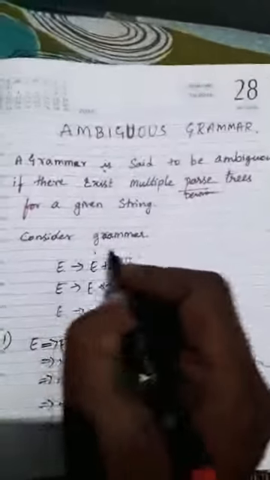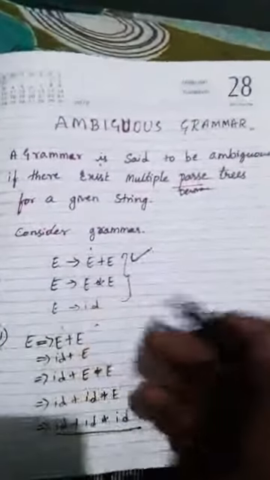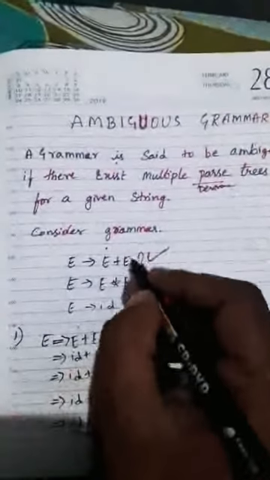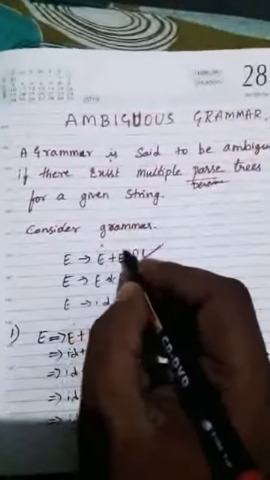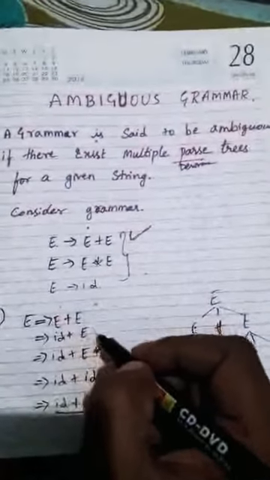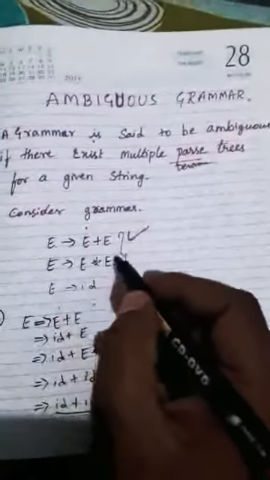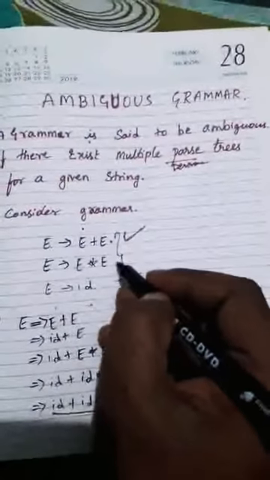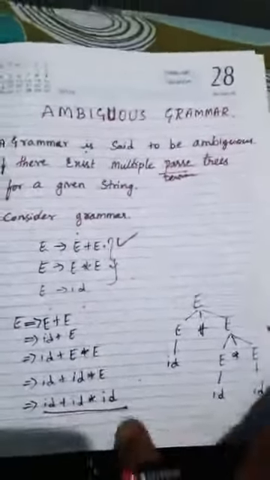I am considering the first production to get it. E tends to E plus E. I started with the first production. Later I replaced the second E with E star E. But you can see here I am directly starting with the second production and gradually I am using the first production in it.